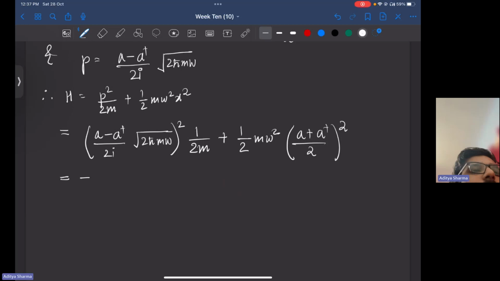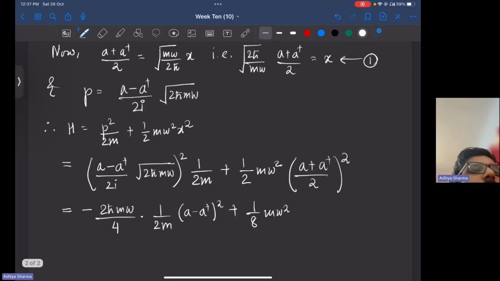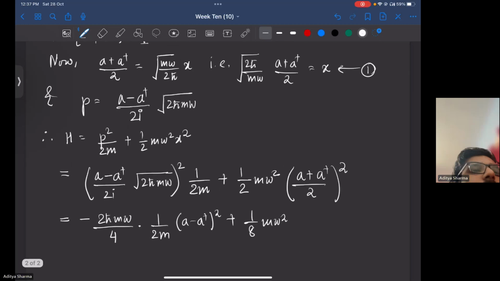So this gives minus, because there's an i, and 2 h-bar m ω by 4, times 1 by 2m, (a minus a dagger) squared, plus 1 by 8 m ω squared. There's also m ω by 2 h-bar.